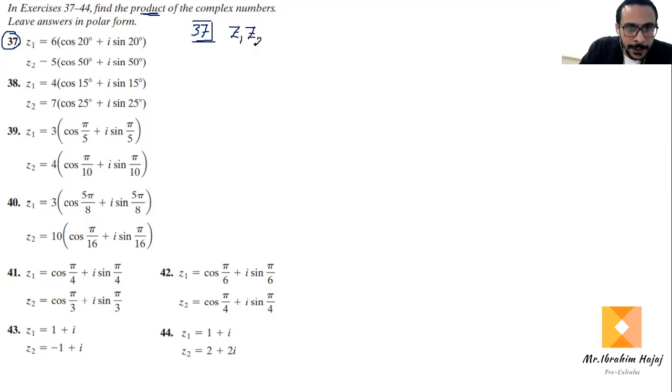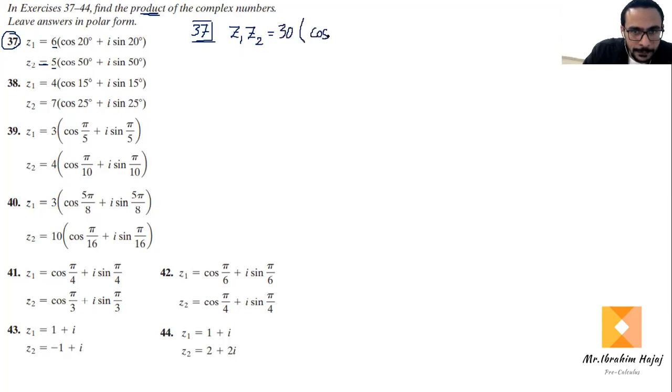I want to see the rule: multiply the R's. Yes, multiply R1 by R2 and add the arguments, the angles. So 5 multiplied by 30.